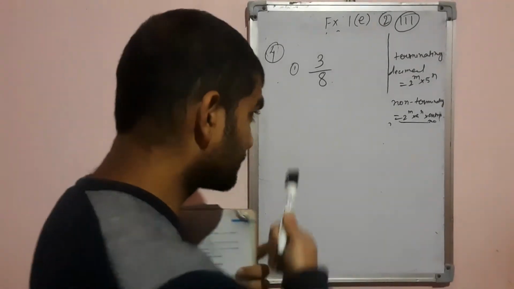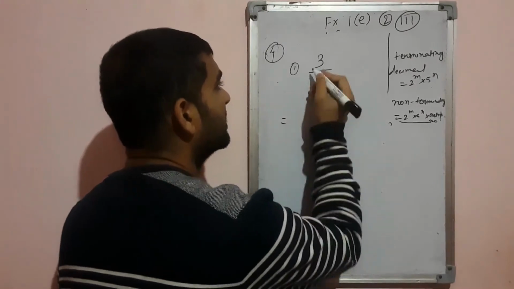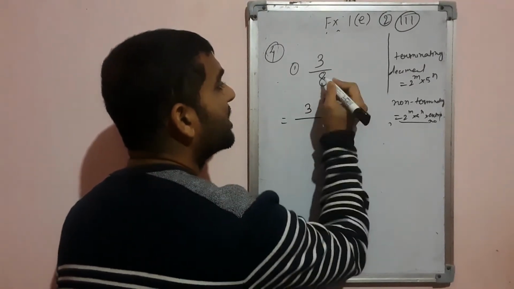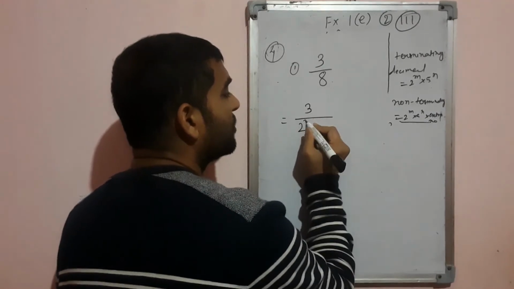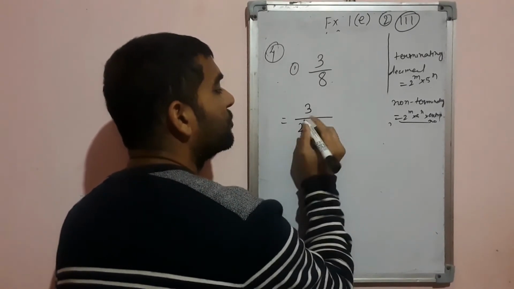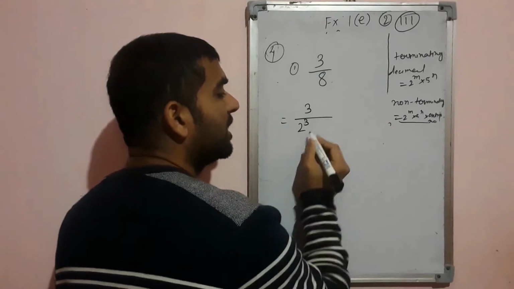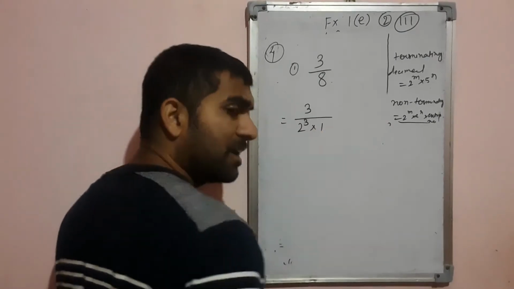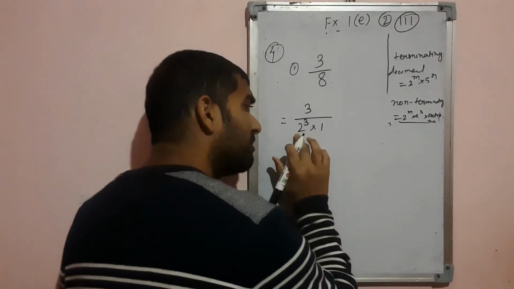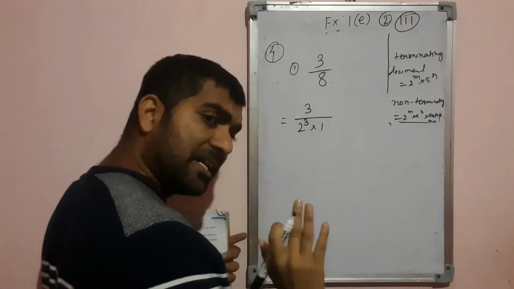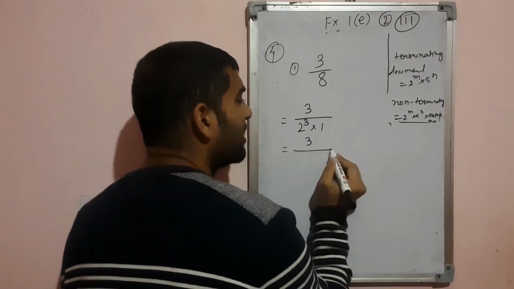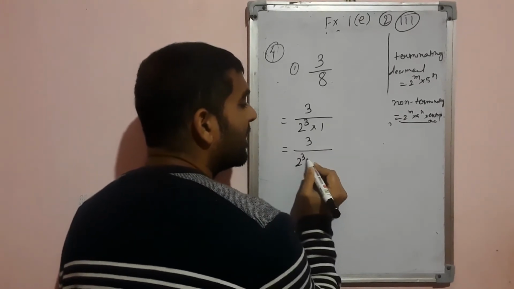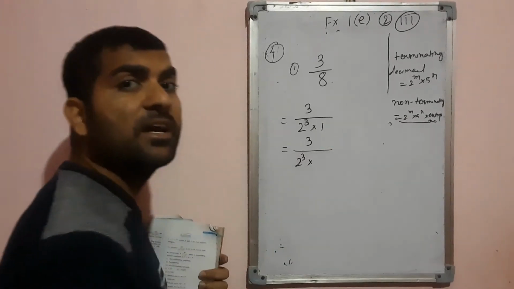How to change? We will write down here. See, 3 by 8, what can we write? We can write 2 power 3, right? 2 2s are 4, 4 2s are 8, so 2 power 3, and you can multiply here with 1. Anything multiplied with 1, you will get the same number, right? Next step, what do you write? 3 by 2 power 3, in place of 1, what can you put here?